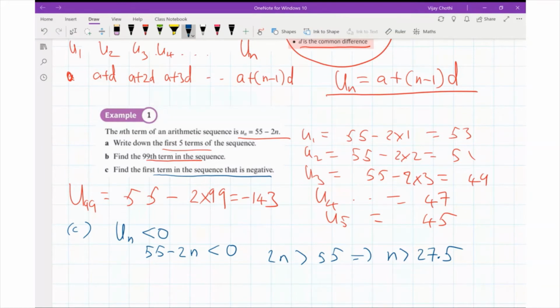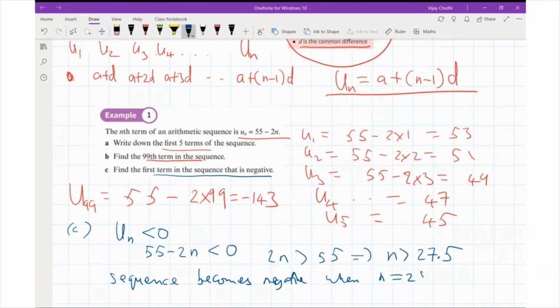Find the first term. So you can say the sequence becomes negative when n equals 28. So it has to be a positive whole number bigger than 27.5. Then you can calculate.